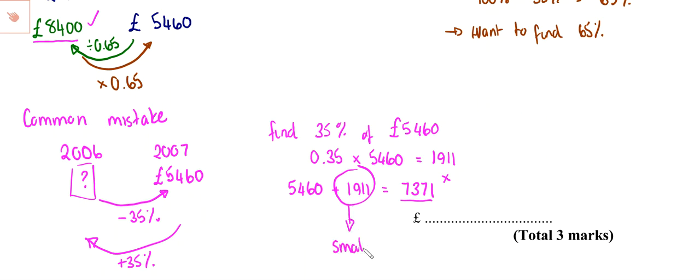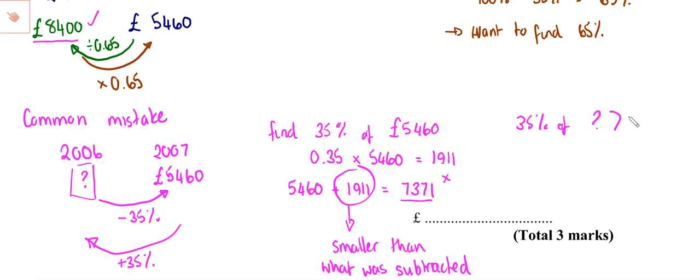This number is smaller than what was subtracted, okay? So 35% of the question mark is larger, let me rewrite that in one line, right? 35% of the question mark is a bigger number than 35% of 5,460. Does that make sense? So you can't work out 35% of the answer.